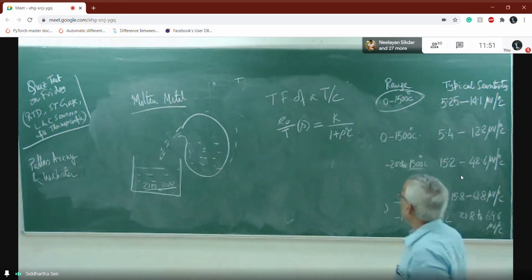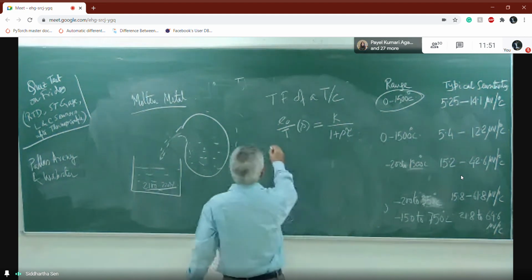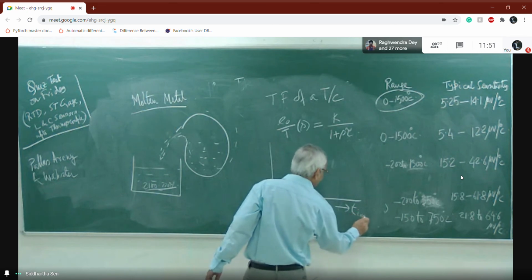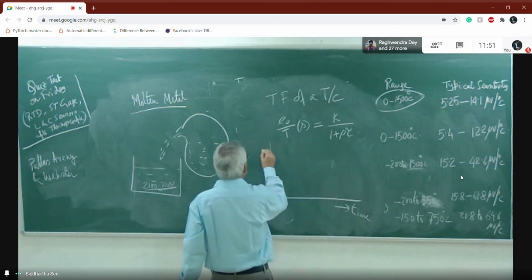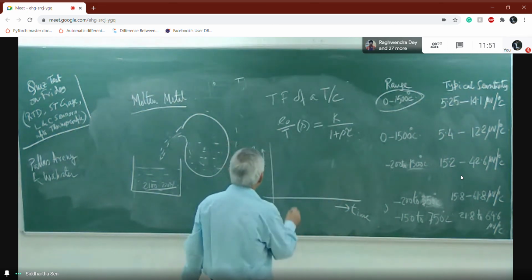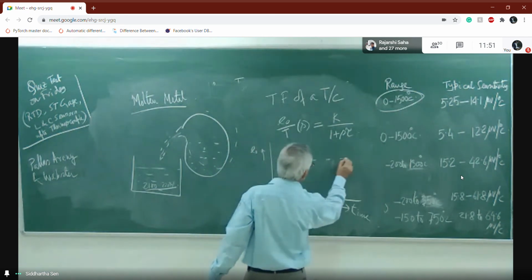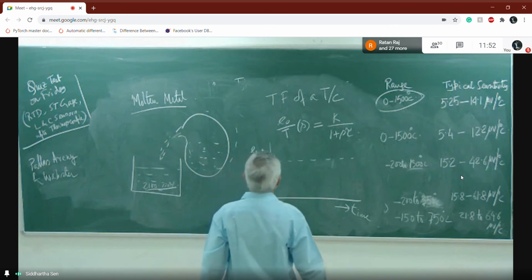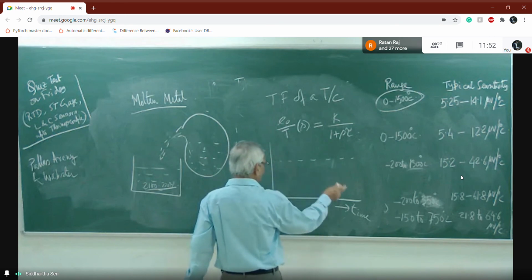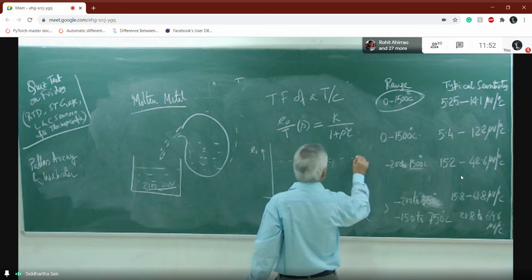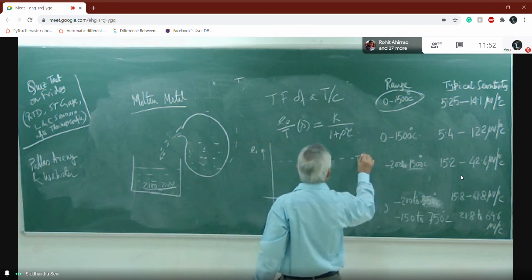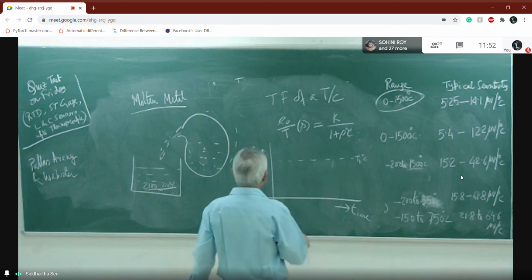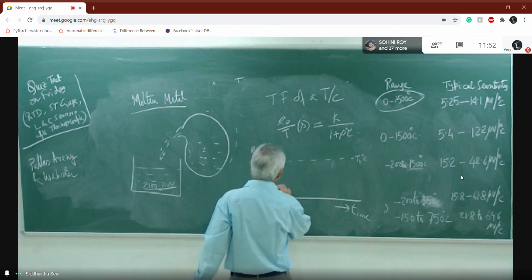So if I have this as time, and I plot E0 here, what will happen if the temperature is a particular temperature, say suppose T1 degrees Celsius?